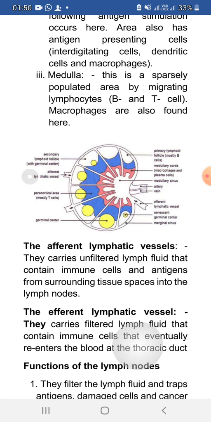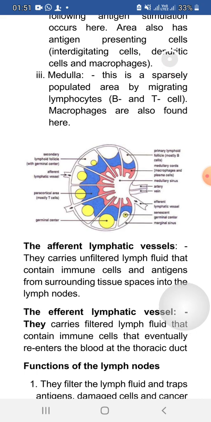The afferent lymphatic vessel brings lymph in and the efferent takes it away. Those are channels apart from the artery and vein. It is divided into the outer cortex, the middle paracortex, and the inner medulla.